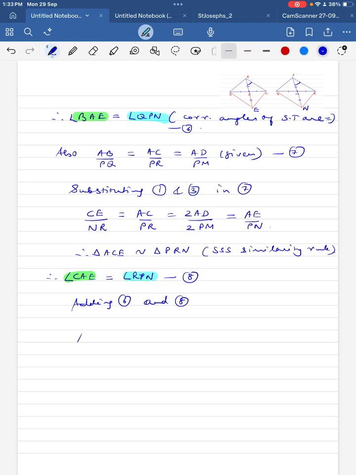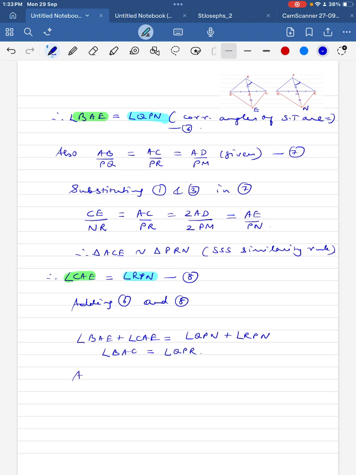Okay, so I would get angle BAE plus angle CAE as equal to angle QPN plus angle RPN. Now what is BAE plus CAE? It's equal to BAC. So I got angle BAC as equal to angle QPR, because QPN plus RPN gives me QPR.